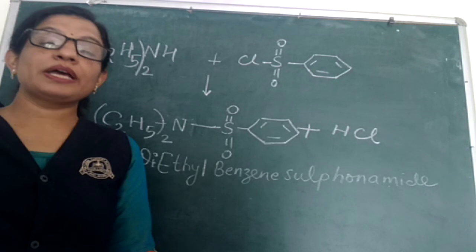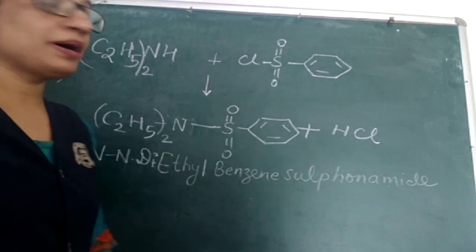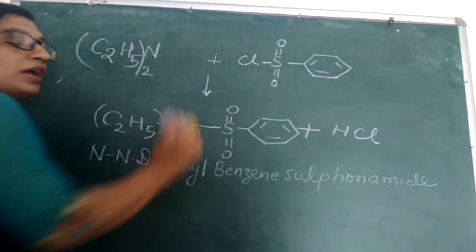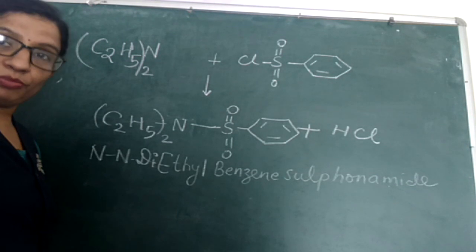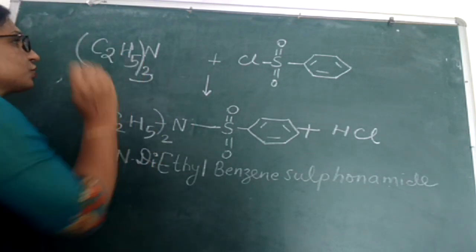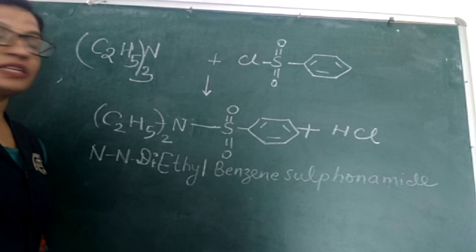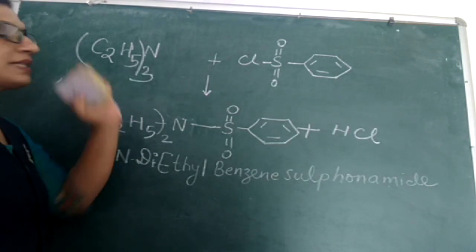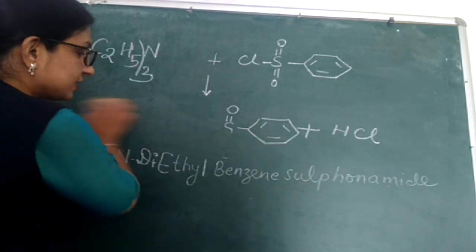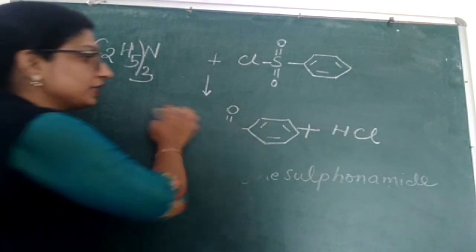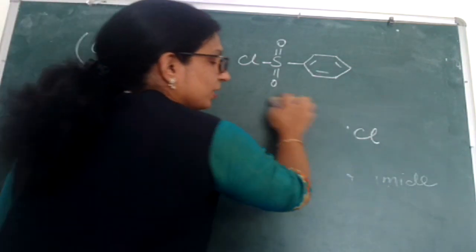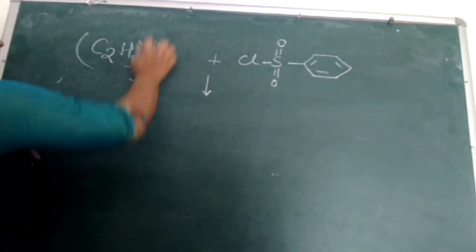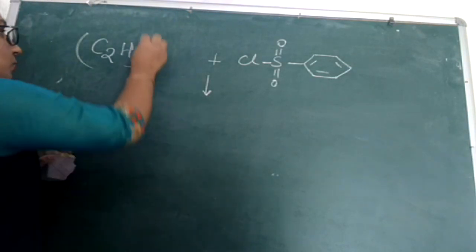Now what about tertiary amines? Tertiary amine, one more hydrogen will be replaced by one more alkyl group, and the tertiary amine here we can take is C2H5 thrice N. Now we can see here that in tertiary amines itself there is no hydrogen attached with nitrogen.